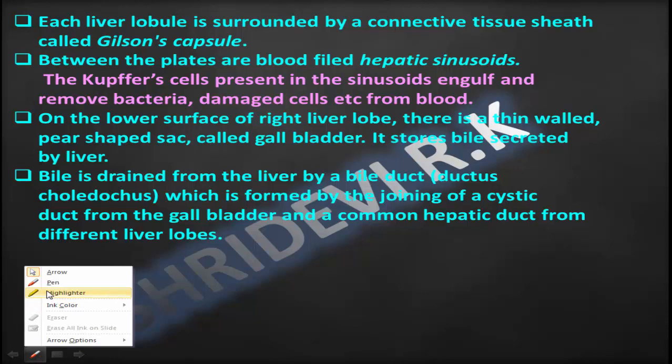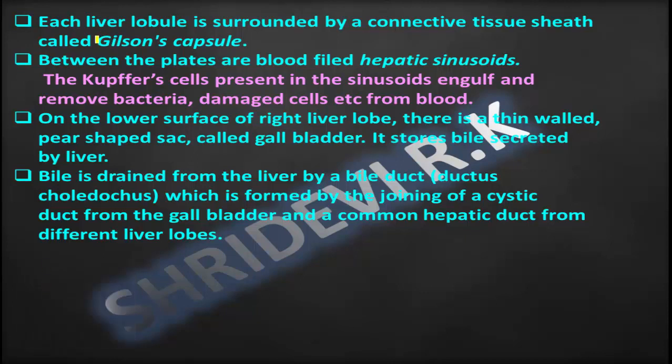See, the covering of the liver lobule is called Glissen's capsule. But what type of tissue is present in the Glissen's capsule? The answer is the Glissen's capsule is made up of connective tissue. And what is its function? It surrounds the liver lobule, that is nothing but hepatic lobule.